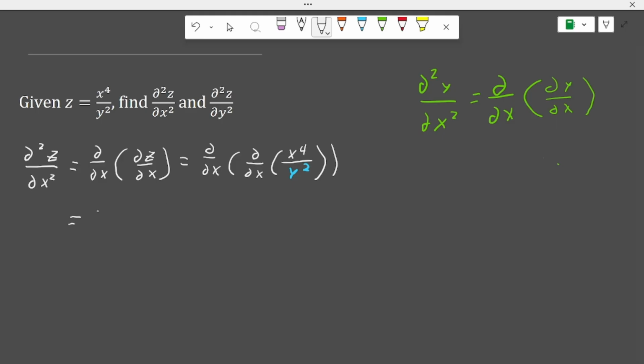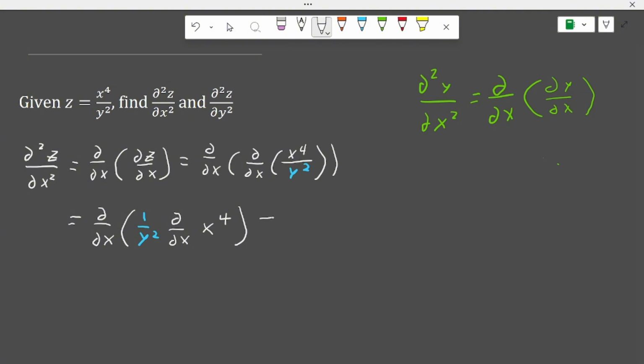So pulling that out, we will have the derivative with respect to x times the derivative with respect to x of x to the fourth.